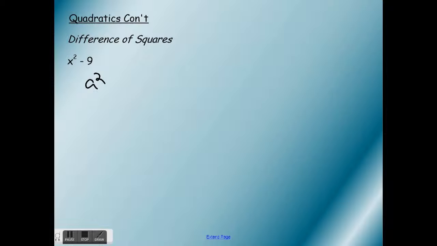So you always need to find the square root of the second number. So it's x minus 3, x plus 3. You take the square root of both the first and second term, and those are the values that go into your brackets. One with plus, one with minus.